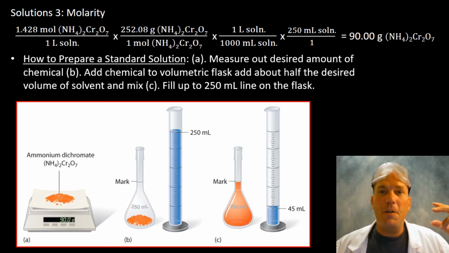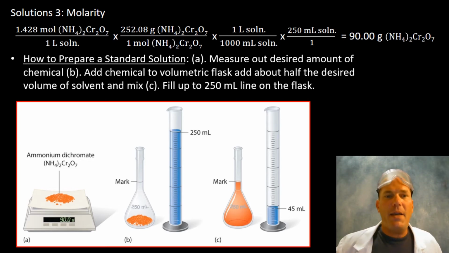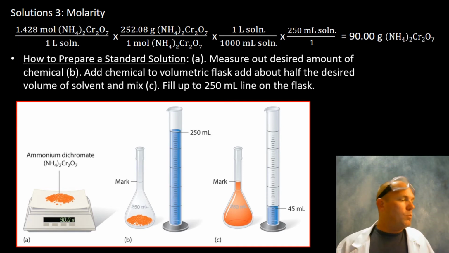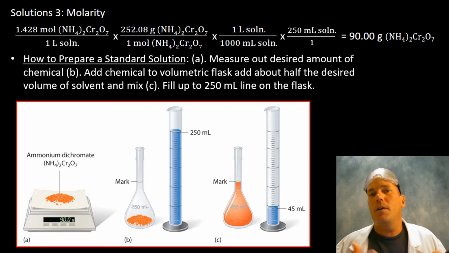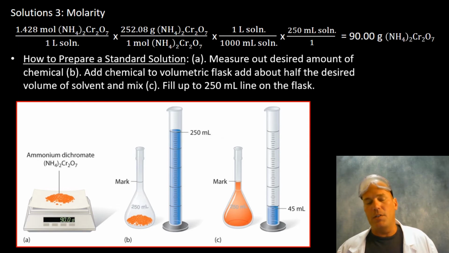And that's something we will do in class constantly. You will be asked to make a standard solution using distilled water and the actual solid chemicals. So you're going to be doing this computation, then you're actually going to grab a scale and do all this and make your own standard solutions.